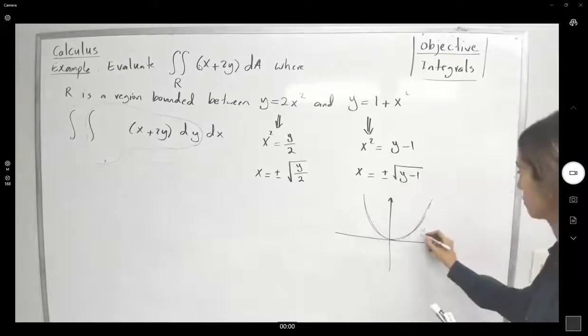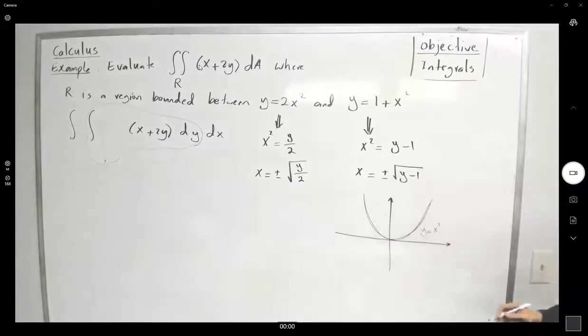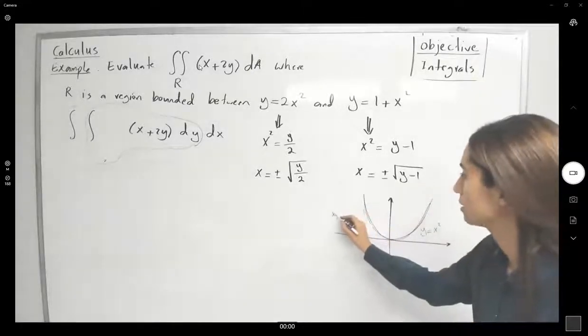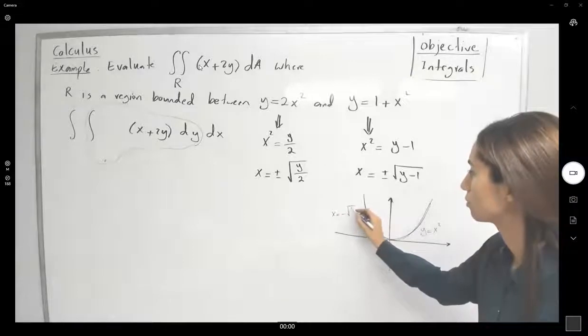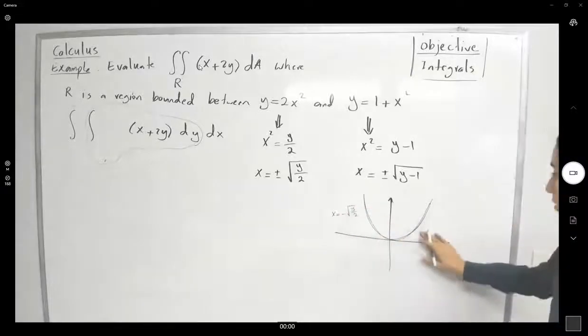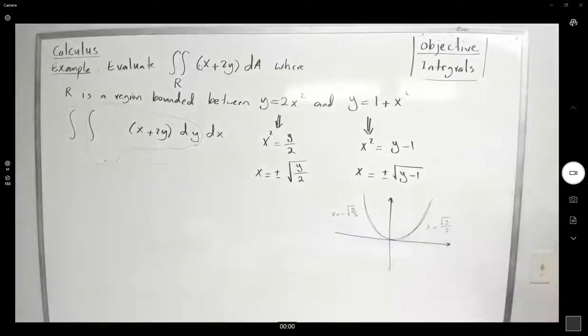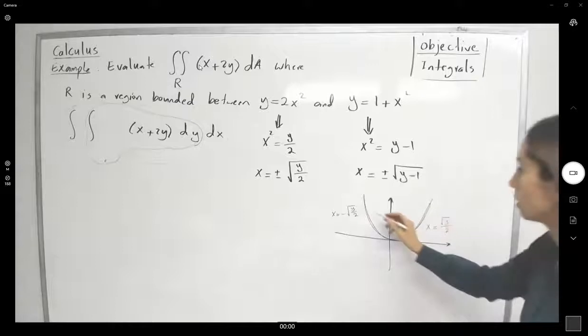This is y equals x squared, or x is equal to plus minus square root of y divided by square root of 2. So here I get x equals negative square root of y over 2, and here I get x equals positive square root of y over 2. And the second function is like this: y equals x squared plus 1.